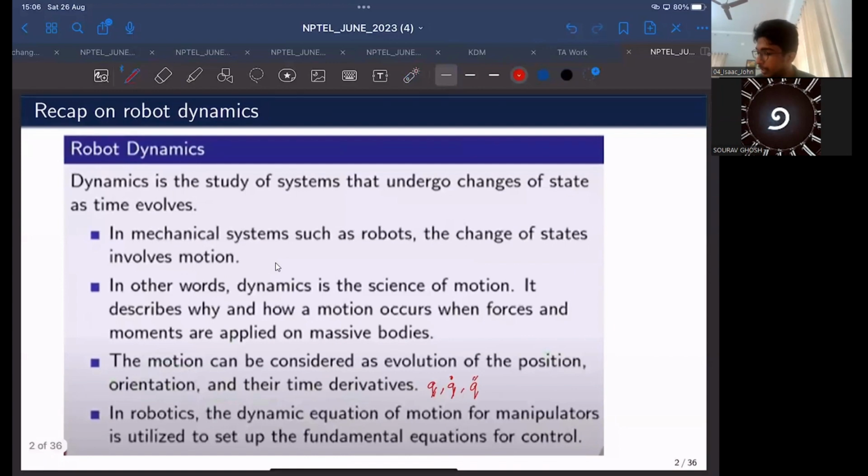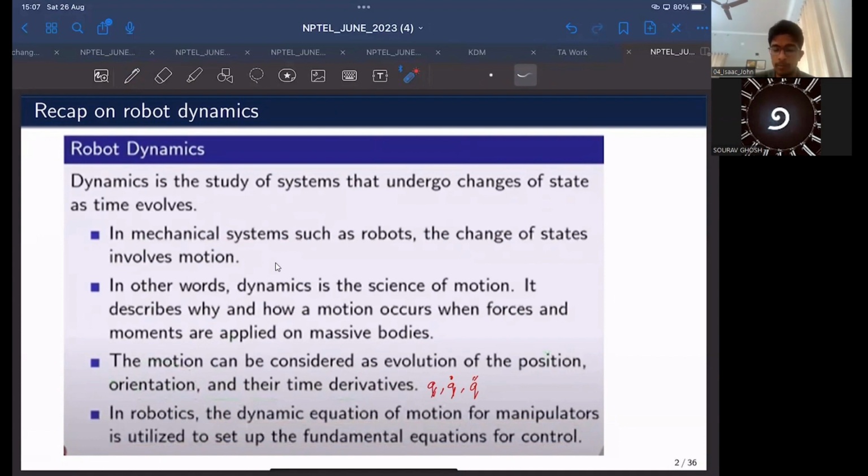So basically, strictly within the domain of robotics, it says the dynamic equations of motion of manipulators are utilized to set up fundamental equations of control. So deriving the equations of motion, or the governing equations, is fundamental in establishing robot motion control.